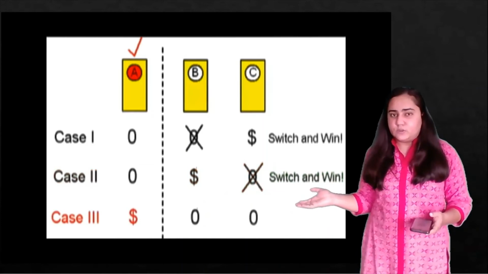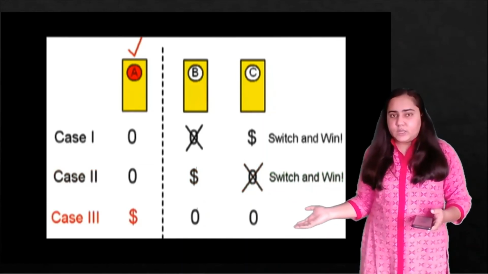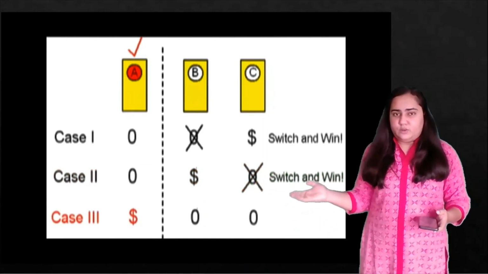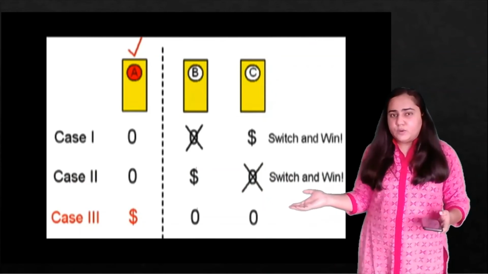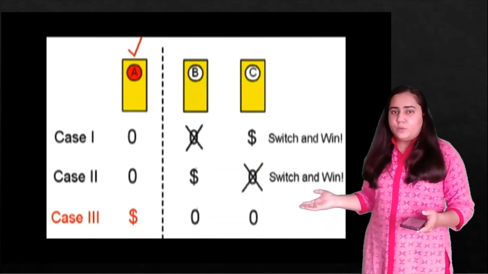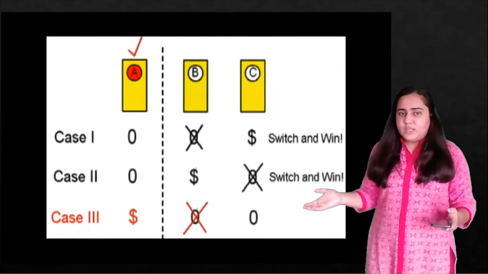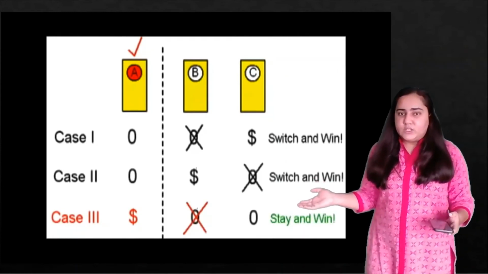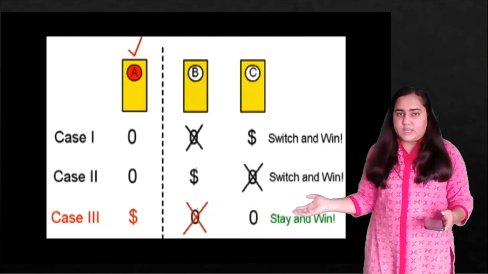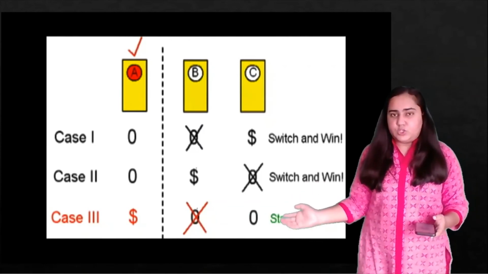Obviously, you should switch. Now, case 3, the prize is behind door A. So the host can actually open either B or C in this case. So this is the only case where you should actually stay with the door that you selected and not switch.